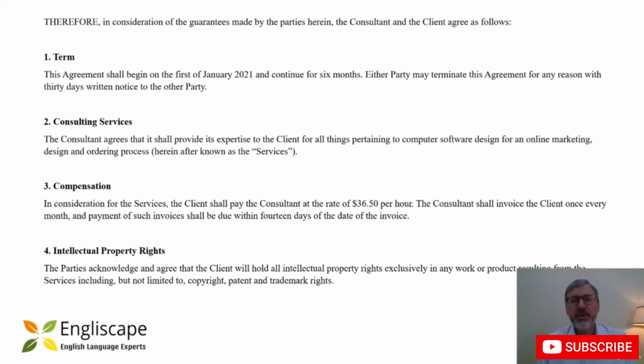That means this party only will own these rights in any work or product resulting from the services, including but not limited to copyright for publications, patent for ideas and processes, and trademark for logos and names. So the client here, Mitchell Windows and Doors, will own all of the software and anything that Krishna creates for this project.